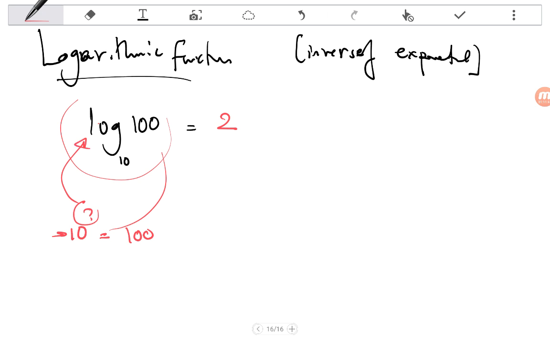So the log is always an exponent. So if I say log base 10 of 0.001, minus 3. Yes. I just write this as 10 power negative 3, and this is the exponent. So the log is the exponent.